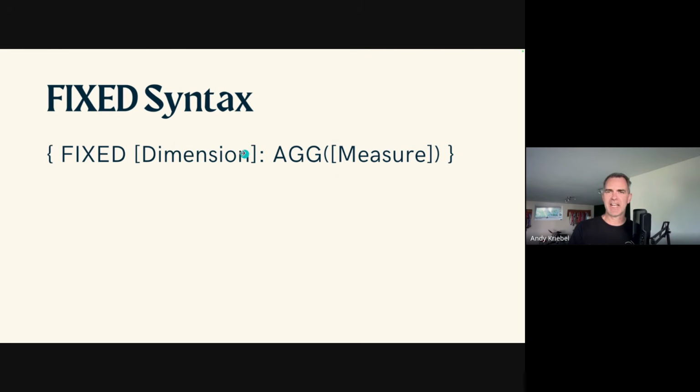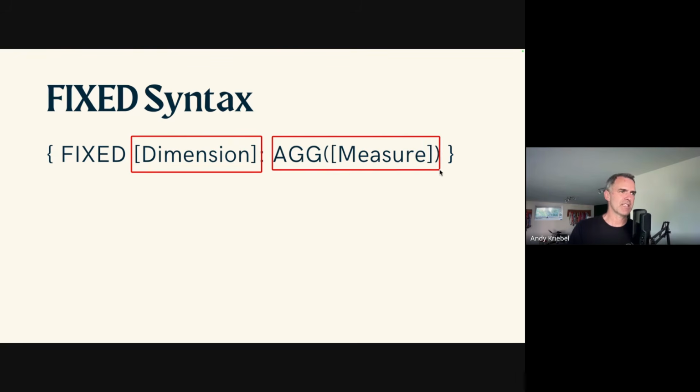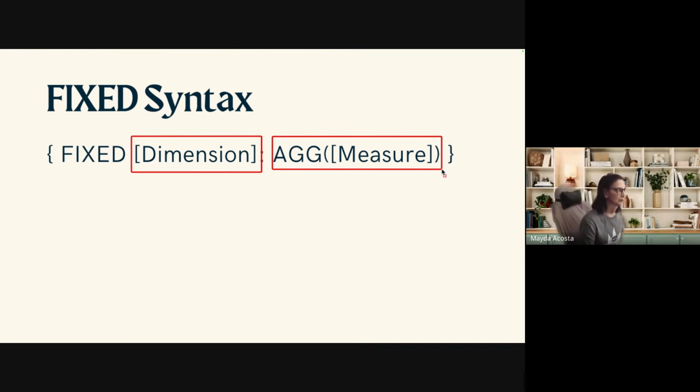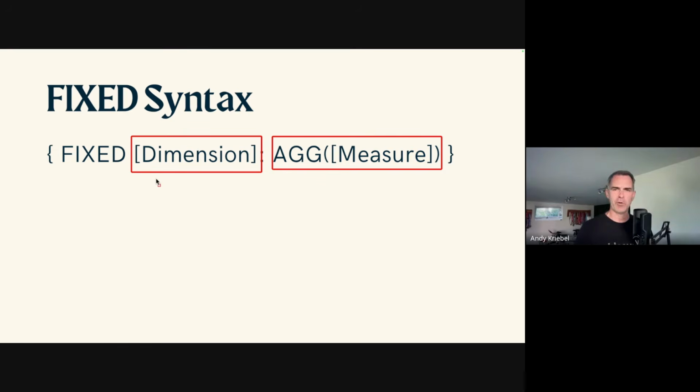Anyway, the syntax is fixed, and then whatever dimensions. The dimensions are the level of granularity that you want it to calculate at. And then it always has to be some kind of aggregated measure. A good way to think about this, we'll get into an example in a minute: if you are familiar with SQL, this section here is your group by fields.